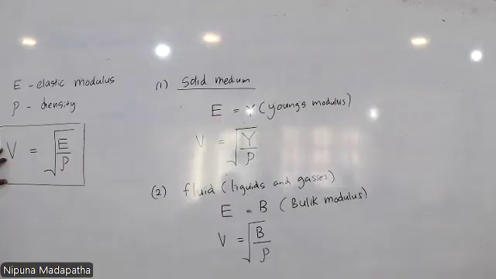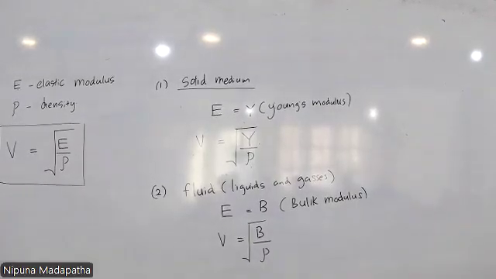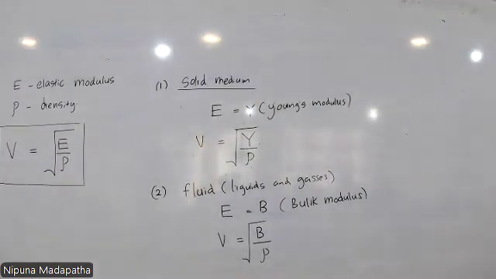V equals the square root of E over rho, where E is the elastic modulus and rho is the density.